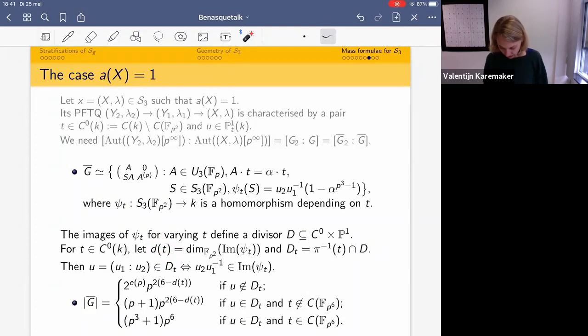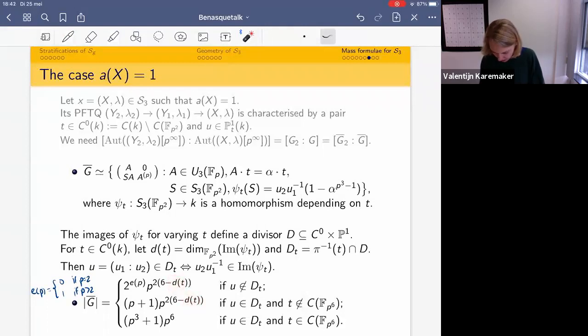But the main thing then is that we see that there are 3 cases, and they depend on t and u in the following fairly explicit way. So here again, E of p is either 0 or 1. It's greater than 2. And we see the d_t coming back here.